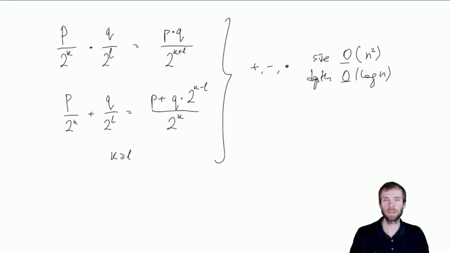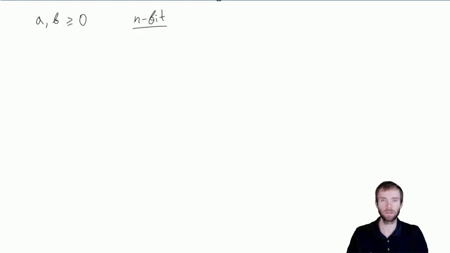So now let's formally state the problem of dividing two integers. We have two integers a and b, and we'll assume that they are greater or equal to 0, b is non-zero, and all these integers are n-bit integers.